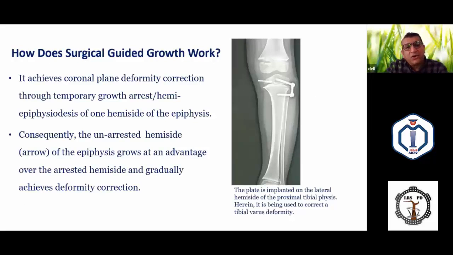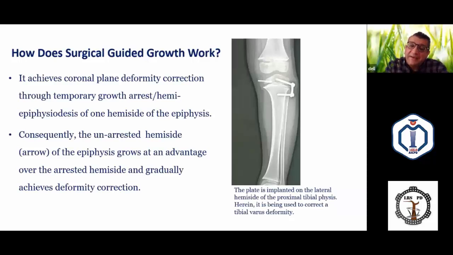But how does guided growth work? If we choose guided growth, which is a less invasive surgery and more attractive than osteotomies on various grounds, how does it work? Simply speaking, it depends on temporary, not permanent, hemiepiphysiodesis. You can see here in this example of tibial varus, we are arresting the growth of the lateral hemiside of the proximal tibial physis.